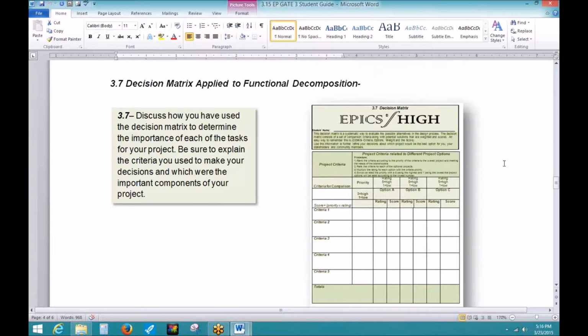So this is a little more involved. What's kind of nice about this decision matrix, 3-7, is that it could be adapted for a lot of different things. It could be adapted for different projects, or for different parts of one project that you want to expand. So it is a decision matrix that can be used a lot of different ways.